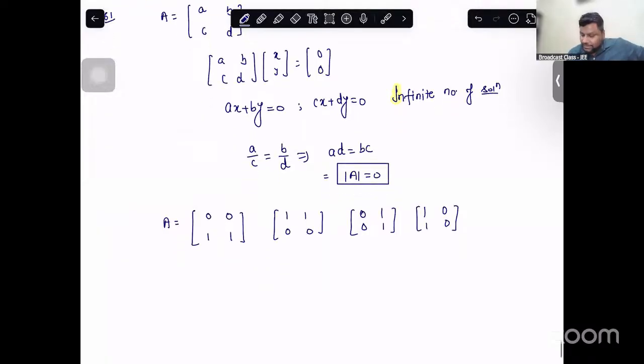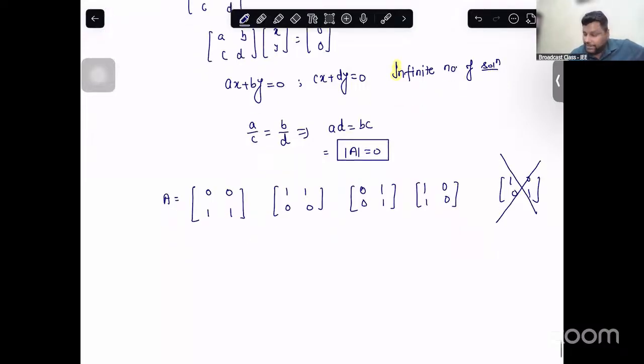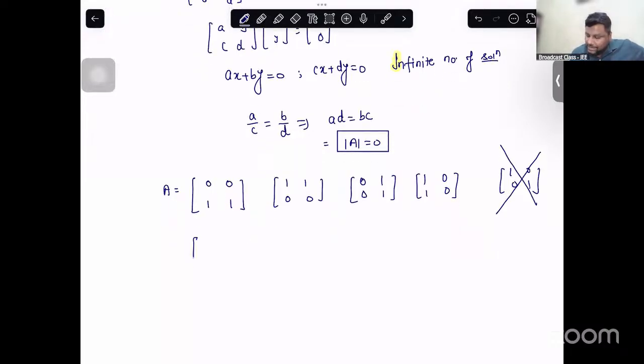After that, see, also using two zeros, two ones, you cannot use this kind of case because in this way, determinant of A is not getting zero. Now, anyhow, if I use three zeros and one, determinant will definitely be going to zero. Now, this they can be made in four ways.